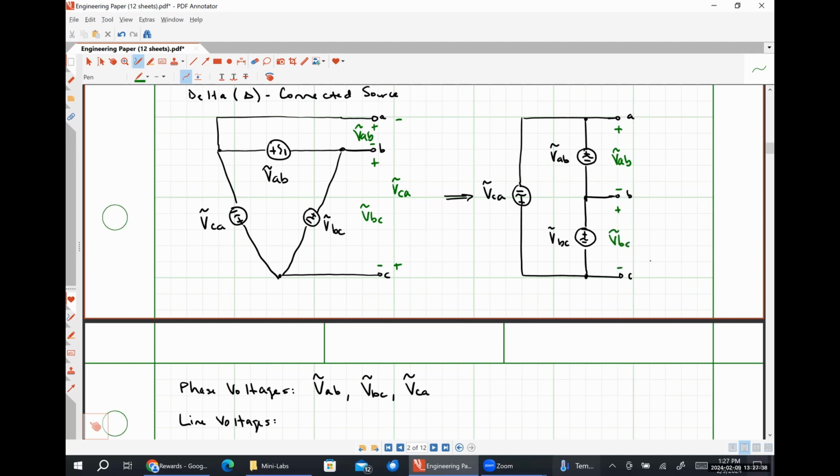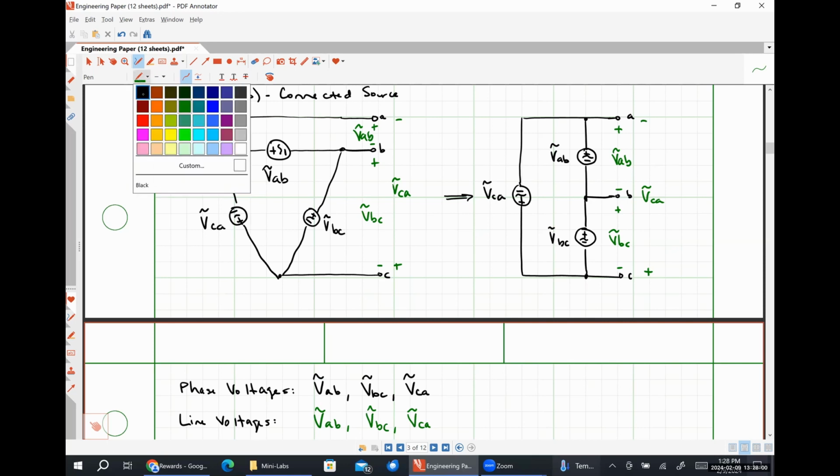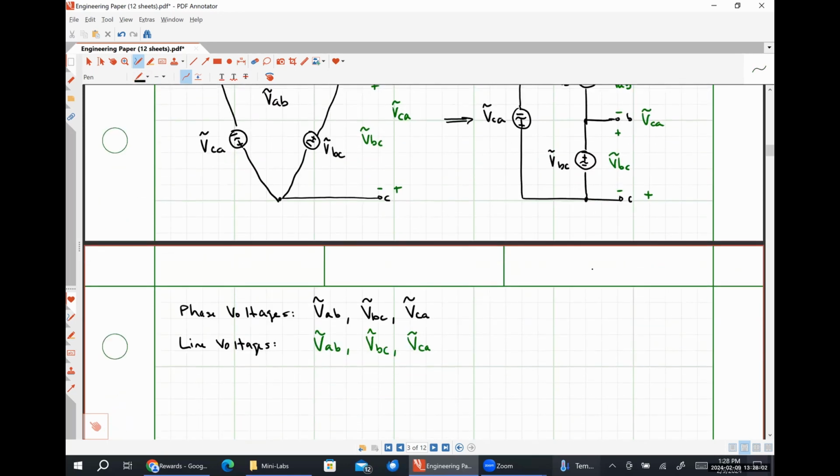So here's our representation in my preferred way to draw these. Now, let's put our phase currents.